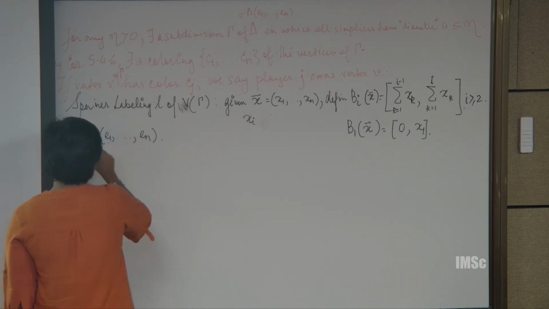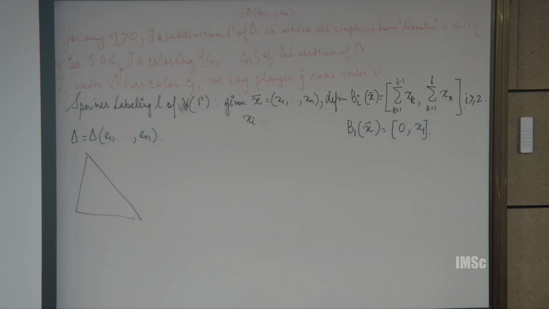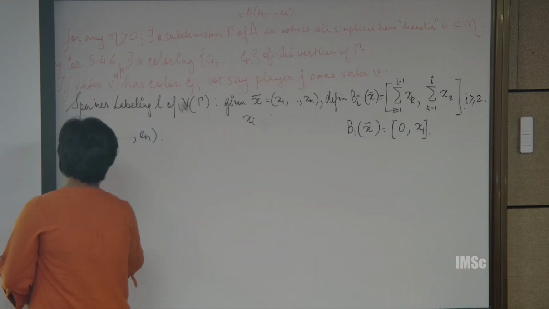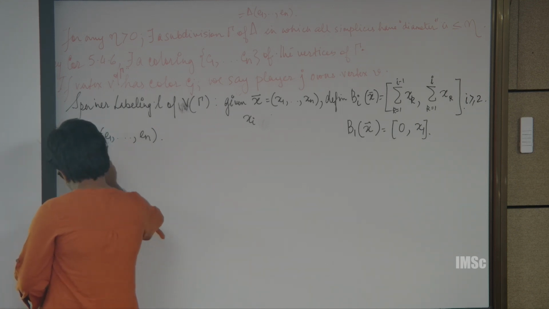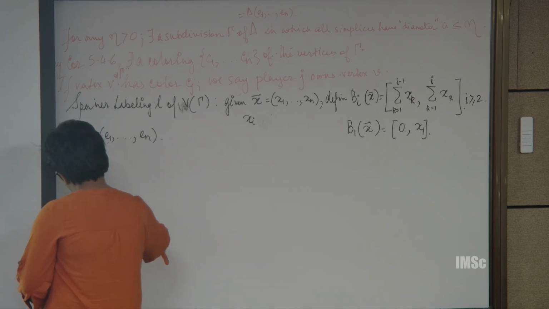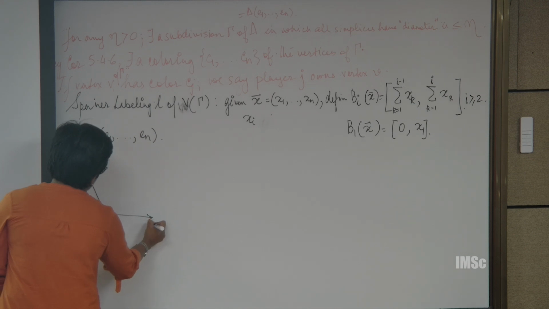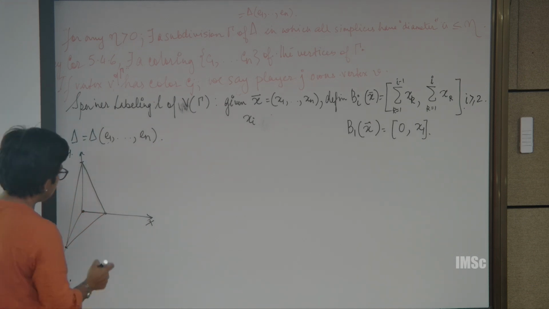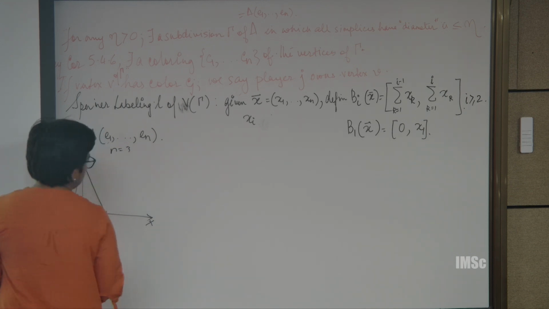It is a bit tricky to draw. This is the convex hull of, let us say, x, y and z, when n equals 3. This is 1 1 1.